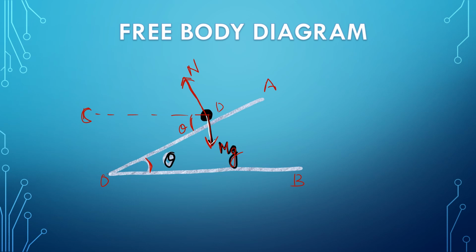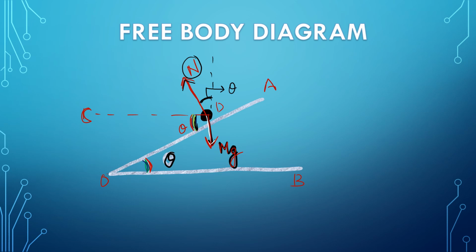The reason behind this is that they are alternate angles, right? This is equal to this, right? Now let's draw a dotted line over here, right? If this angle is theta, then by applying simple mathematics, this angle also turns out to be theta. Now I'm going to resolve this normal reaction force into horizontal and vertical components.